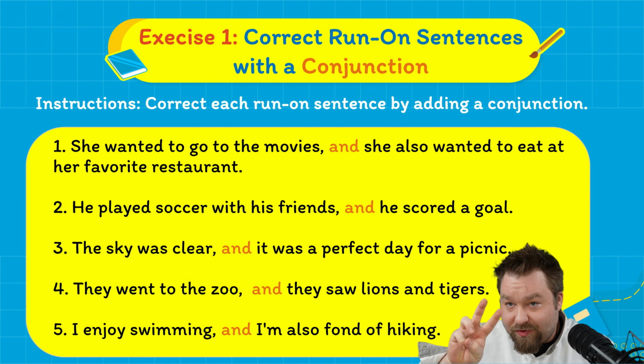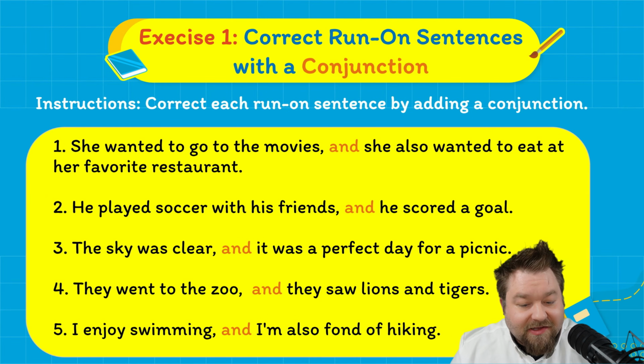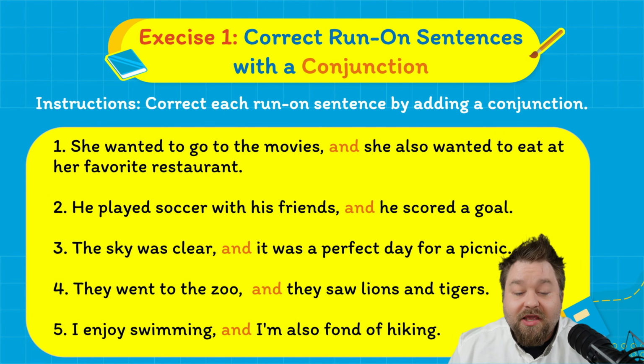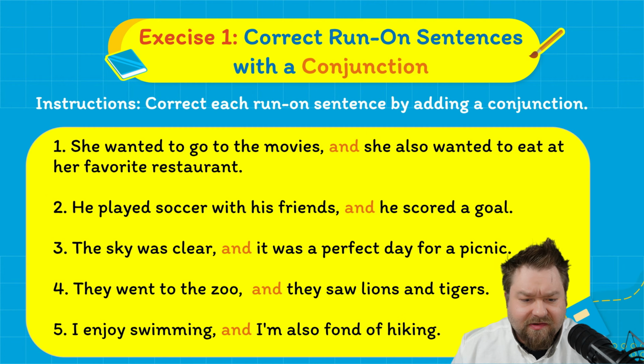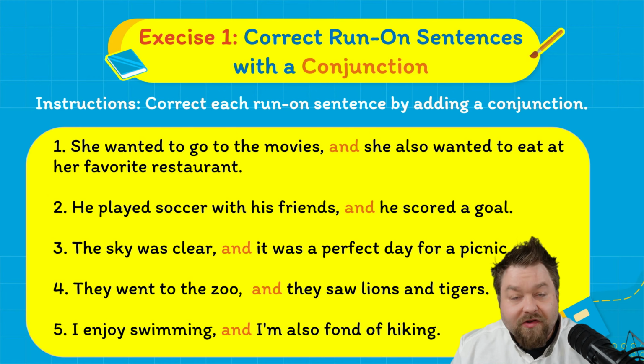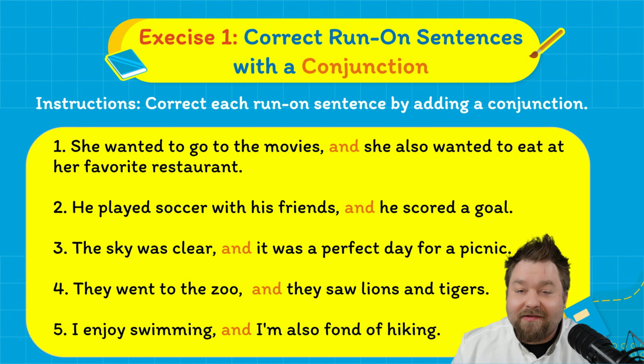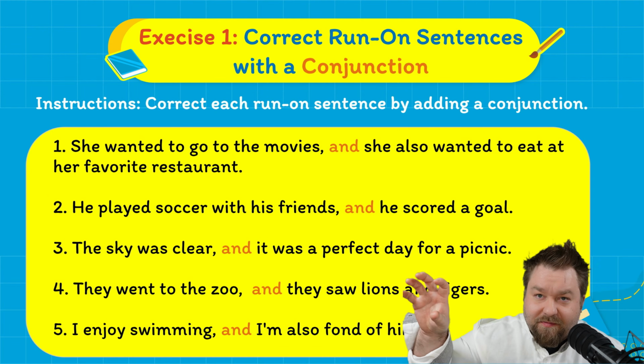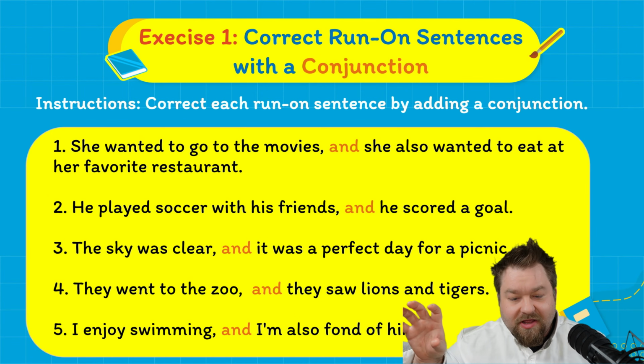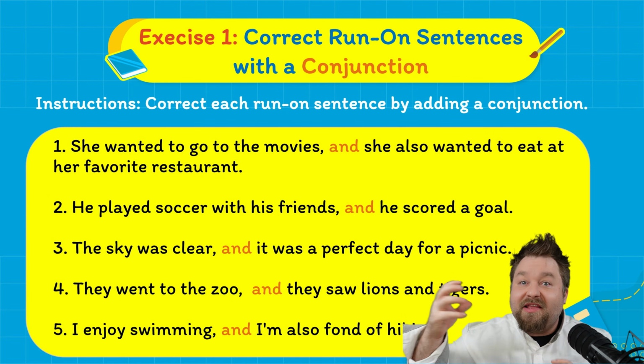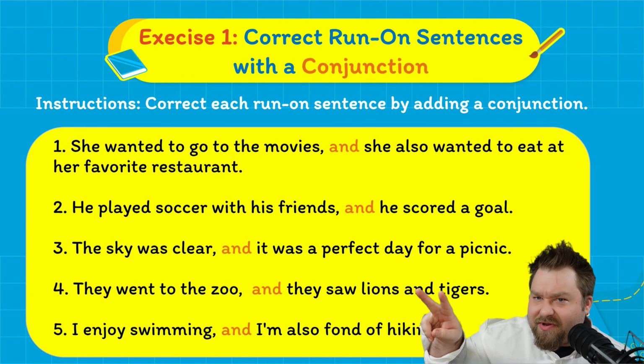Nice. Number 3, the sky was clear, and it was a perfect day for a picnic. I miss picnics. Number 4, they went to the zoo, and they saw lions and tigers. There's 2 ands. Is that okay? Yes, because we have this pair of things that we saw over here, and we're saying this happened, and then this happened, which just happened to have 2 things.